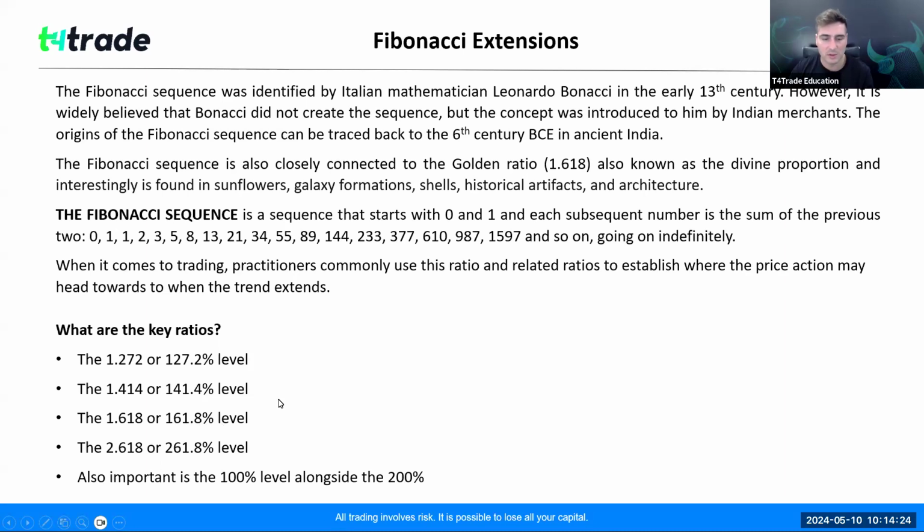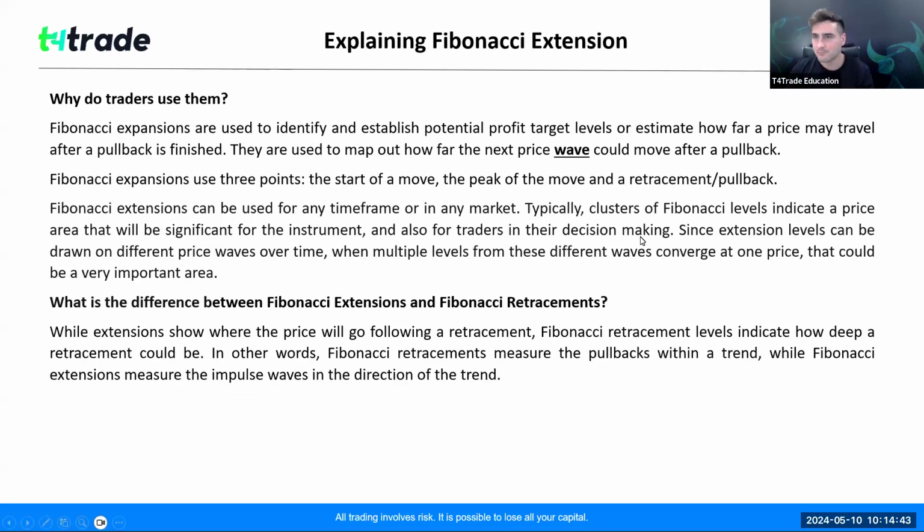Also important are the 100 and the 200%, even though this ratio does not come up if you use the Fibonacci sequence. It's just a logical number or ratio or percentage that we use, mainly because we see it pretty much everywhere in trading.